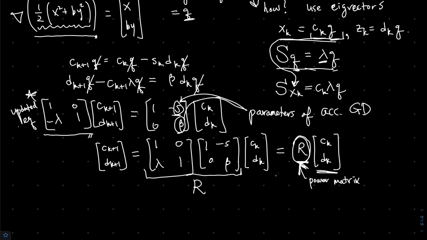And do you remember if we write A to the power of 100, and if we could decompose A as A equals S lambda S inverse, where S is the matrix of the eigenvectors, and lambda is the diagonal matrix with all eigenvalues, then this 100 power can be written like this, right?